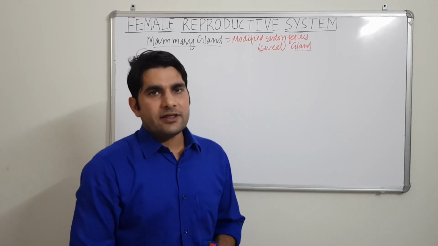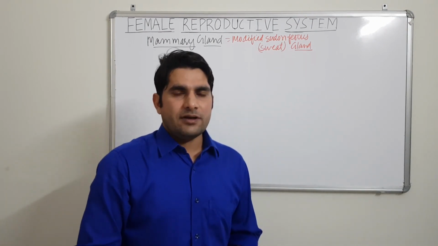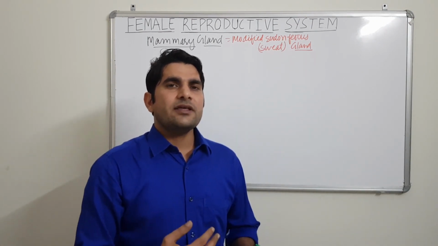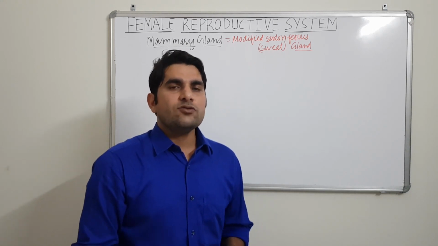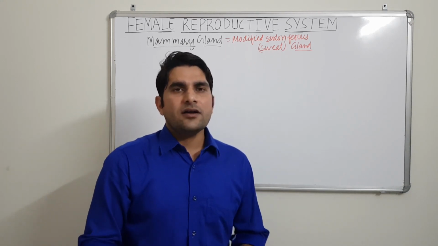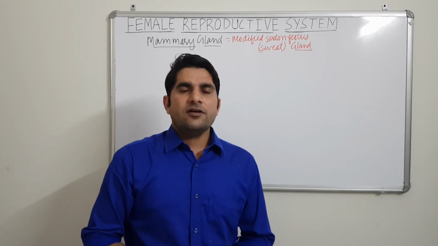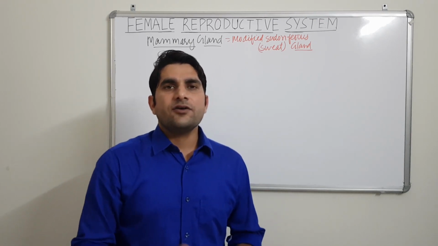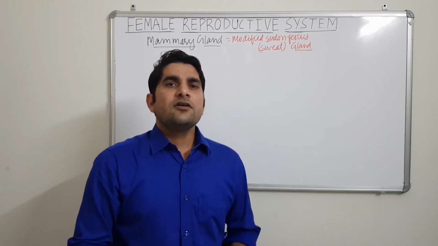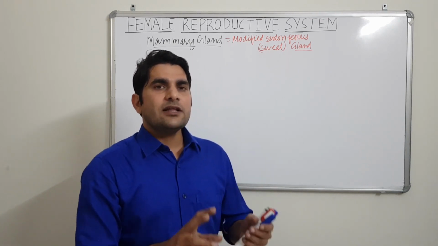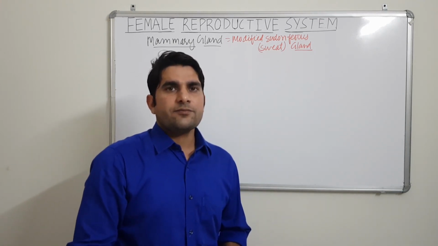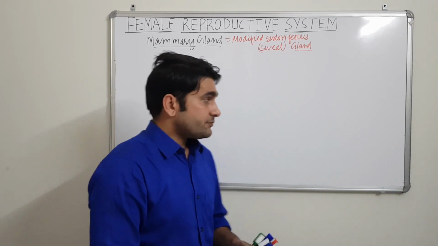Even males also have mammary glands, but they are not very developed in males. So in case of males, mammary glands are rudimentary, and in case of females, they keep on developing under different stages of life. The major development of mammary gland is controlled by progesterone and estrogen. Milk production is controlled by prolactin, and milk ejection will be controlled by oxytocin. I will be telling you these things.